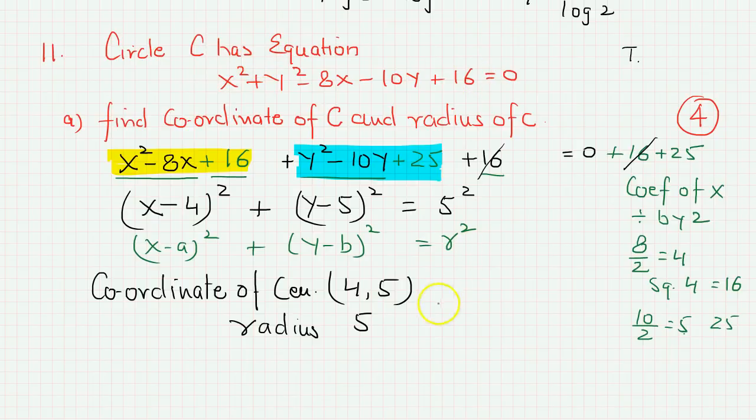Sometimes you can write the center coordinates as plus minus 4 and plus minus 5, because plus minus g and plus minus f are the centers.